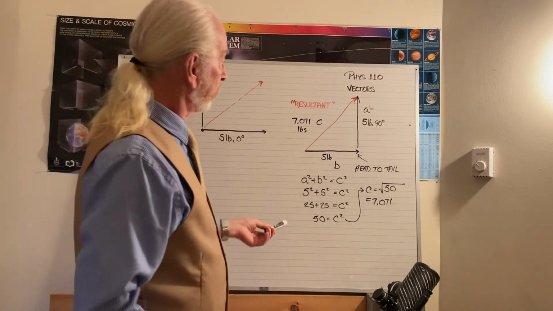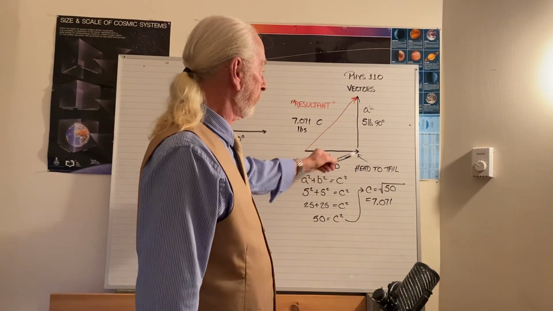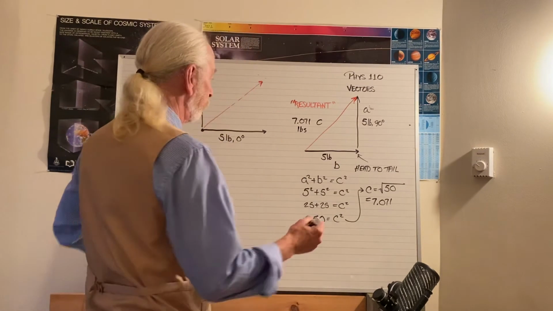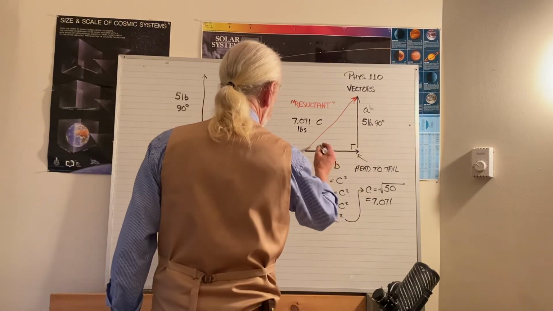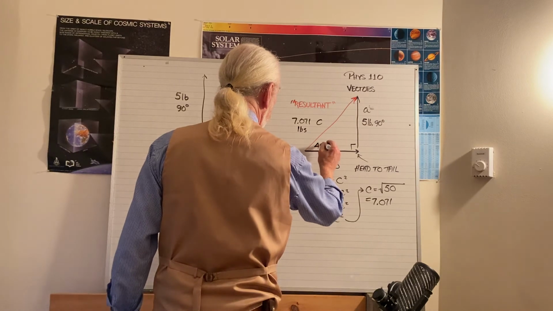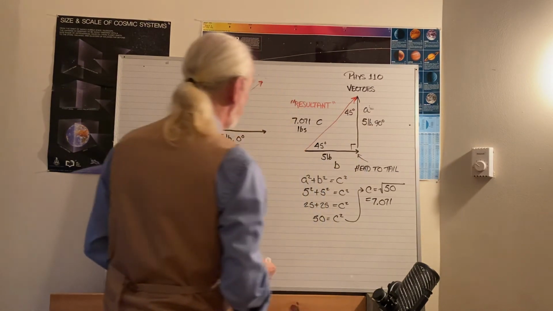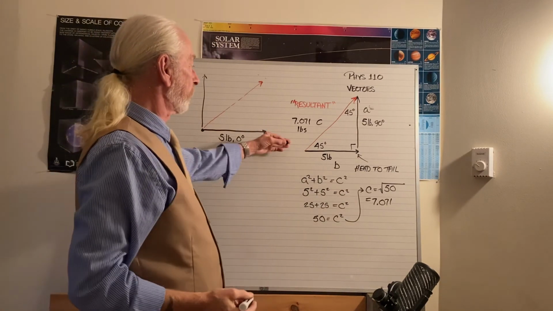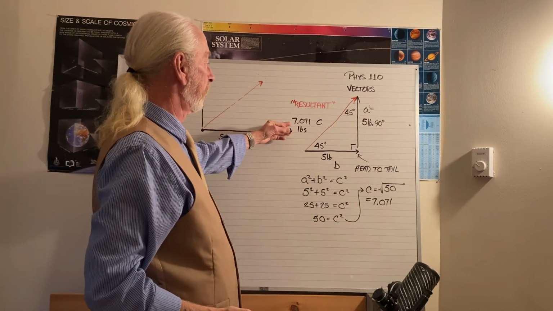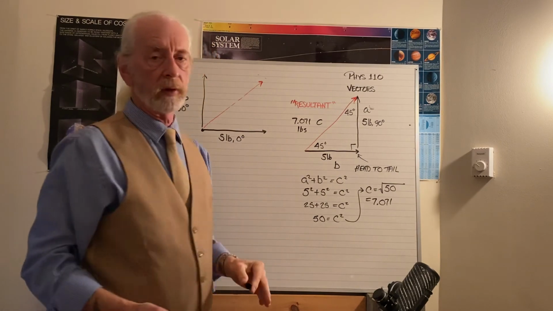And simply because we can readily see what the geometry of this triangle is, we can quickly deduce that this is 45 degrees here, 45 degrees here. Okay, so the resultant would be 7.071 pounds at 45 degrees.